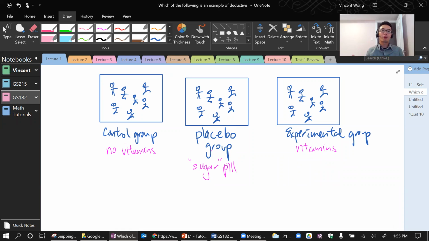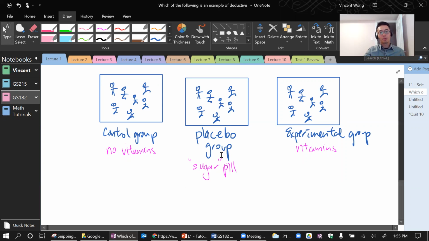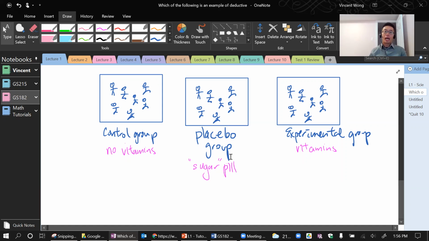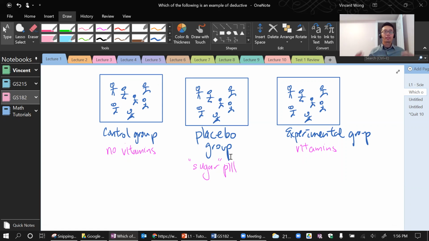Okay, so the purpose of having a placebo is to account for, yeah, exactly, right? No therapeutic value. That is exactly what a placebo group is. So the purpose of a placebo is to account for bias as well as psychological effect. My daughter, I think I probably shared this in the video. She would fall down and scrape her knees, not bleeding or anything, but then she would be crying.